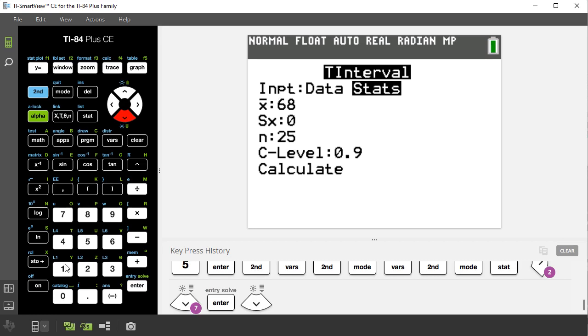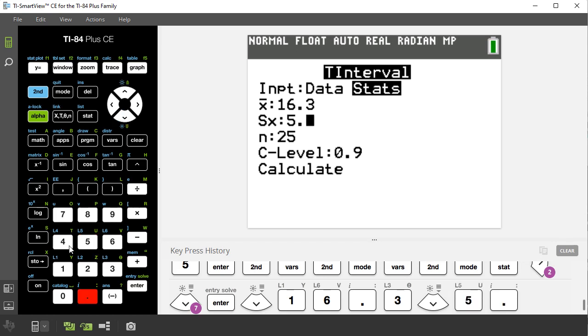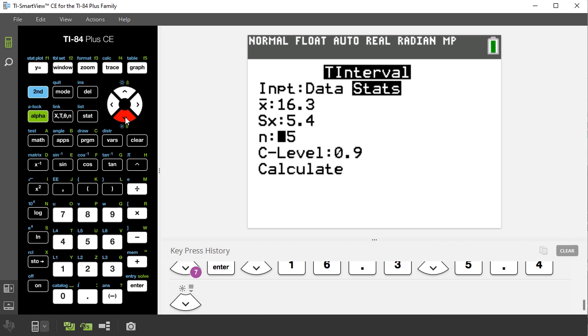On average, based on the sample, students that are online work about 16.3 hours. The standard deviation was already determined to be 5.4 hours. Notice that here you just have to input the sample size, not really the degrees of freedom, but it's good to know the degrees of freedom.